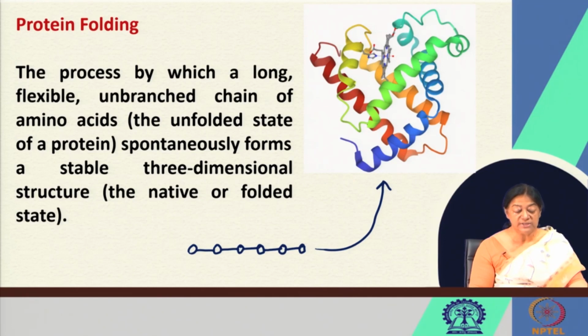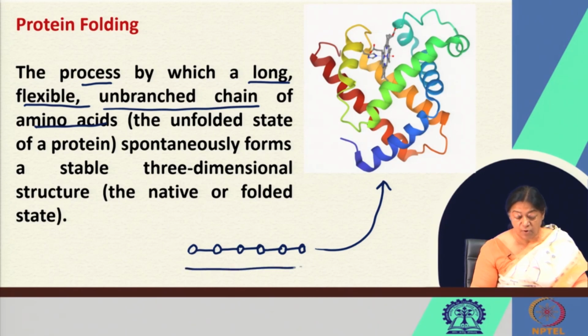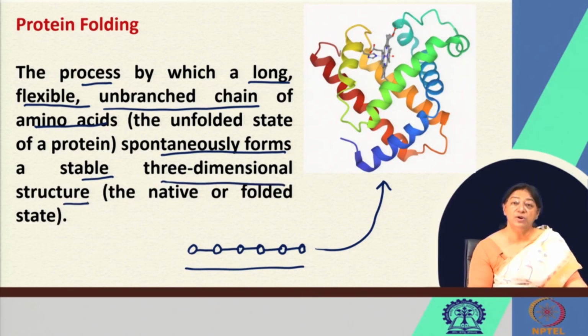It is the process by which the long, flexible, unbranched chain of amino acids, the unfolded form, spontaneously forms a stable three-dimensional structure that we refer to as the folded form or the native form of the protein. This is important because for the protein to function, it has to fold in this fashion.